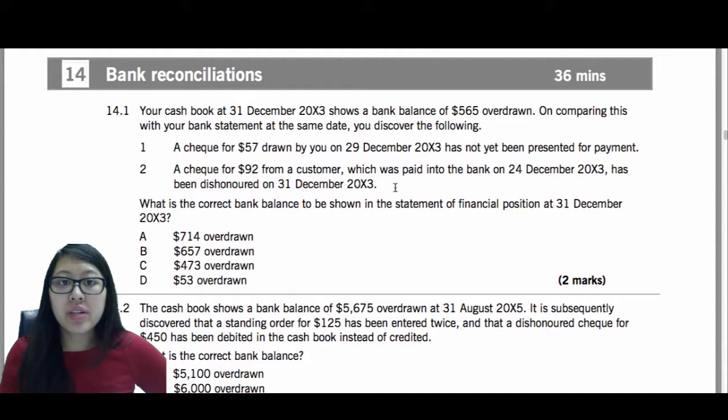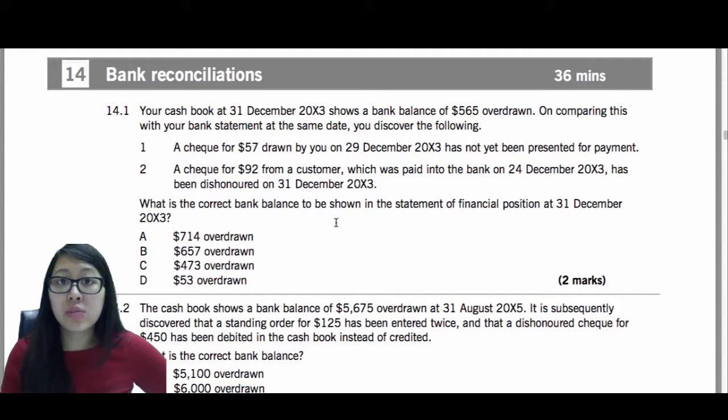2. A check for $92 from a customer which was paid into the bank on 24 December 2003 has been dishonored on 31st December. What is the correct bank balance to be shown in the statement of financial position? Well, as you can see here, it says that it's a check that we received from a customer, but it was dishonored. So the bank had rejected their check.